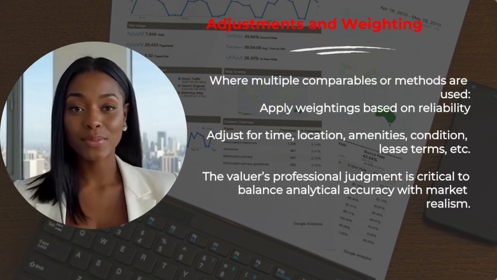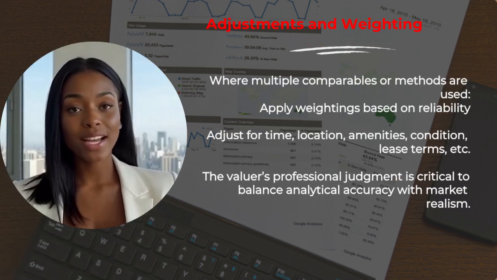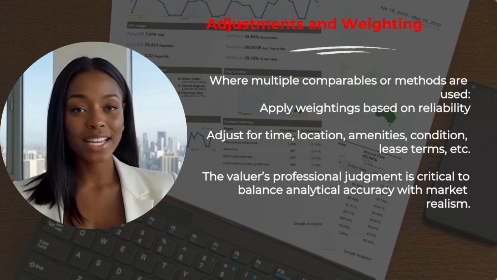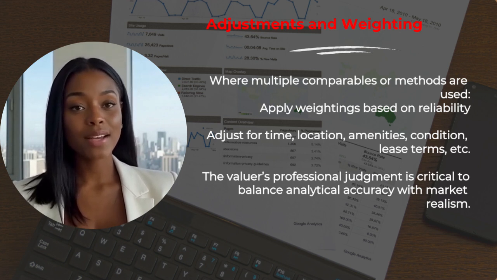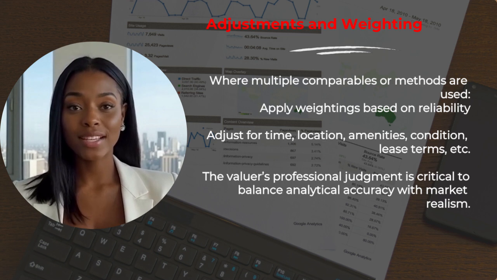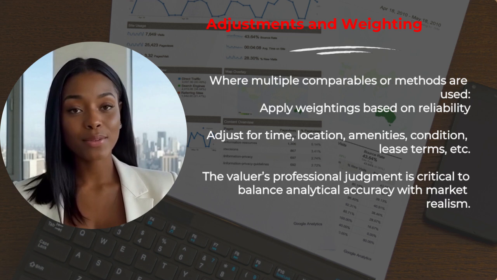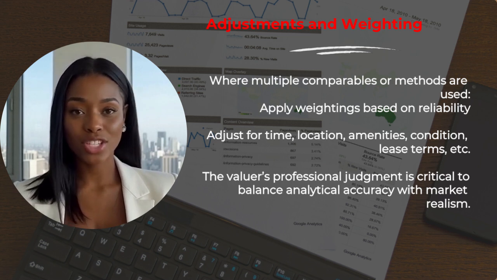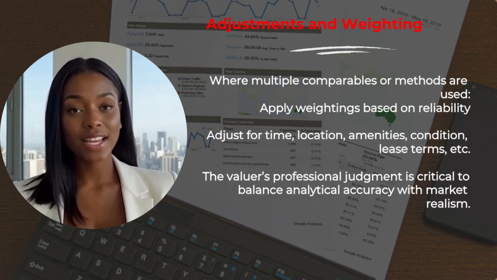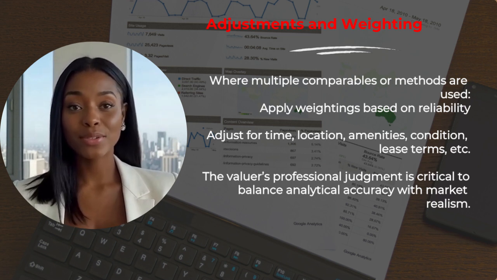Adjustments and weighting. Where multiple comparables or methods are used, apply weightings based on reliability, adjust for time, location, amenities, condition, lease terms, etc. The valuer's professional judgment is critical to balance analytical accuracy with market realism.